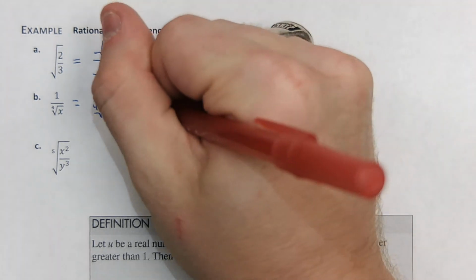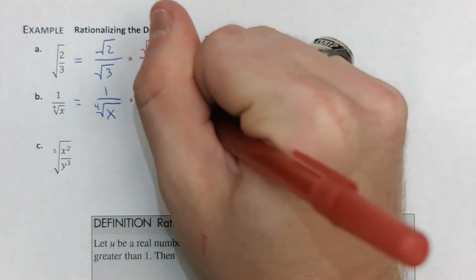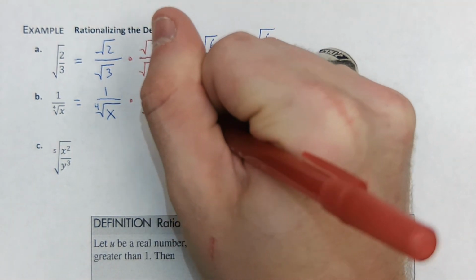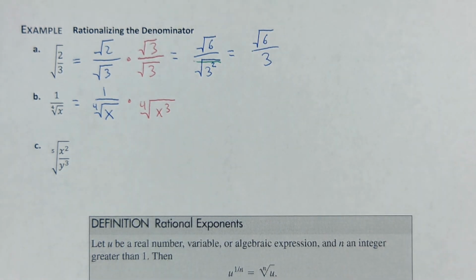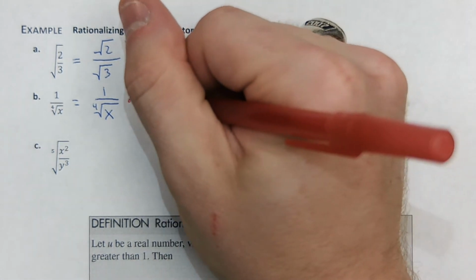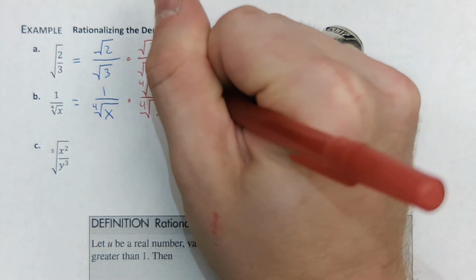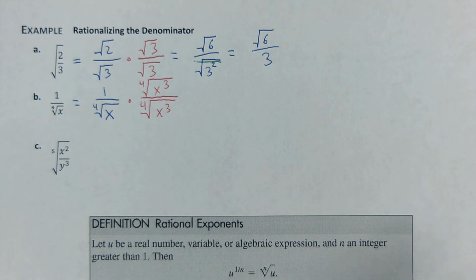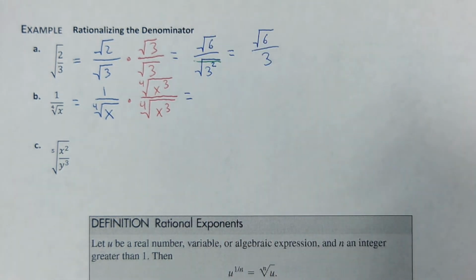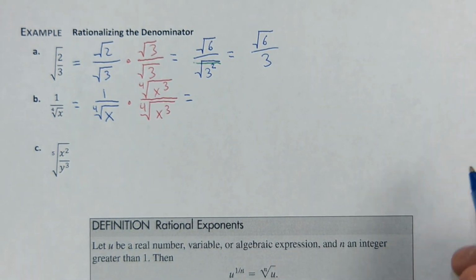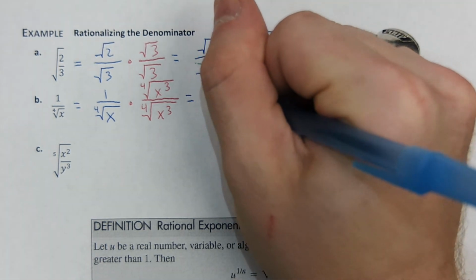So I'll multiply by the fourth root of x to the third. That will give me the other 3 x's that I needed. And if I do it to the bottom, I have to do it to the top. That will give us the fourth root of x to the third on the top of the fraction.